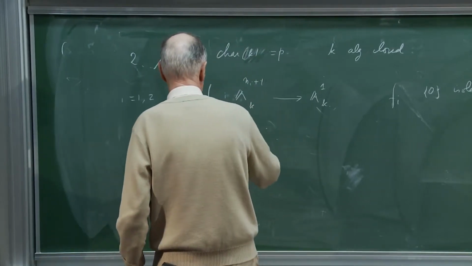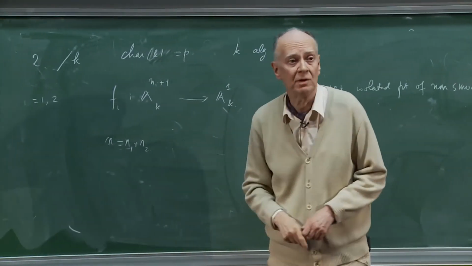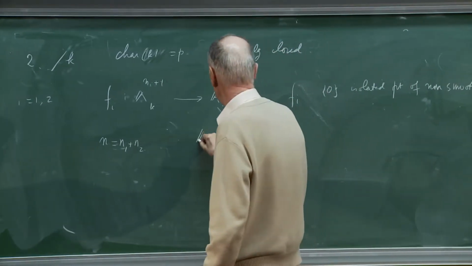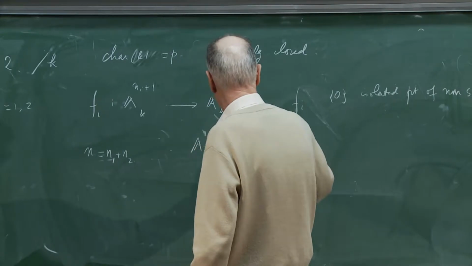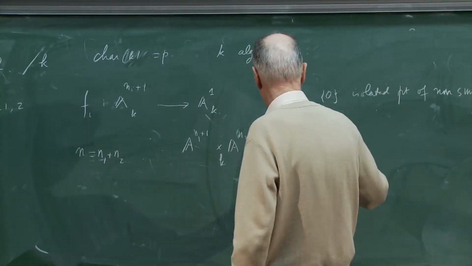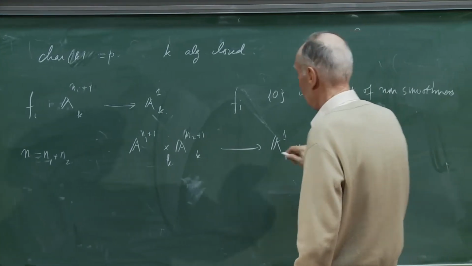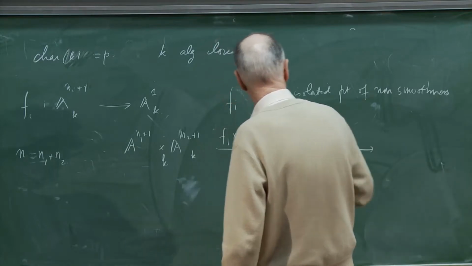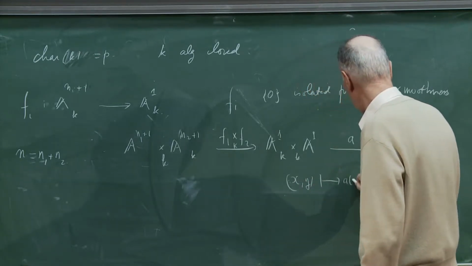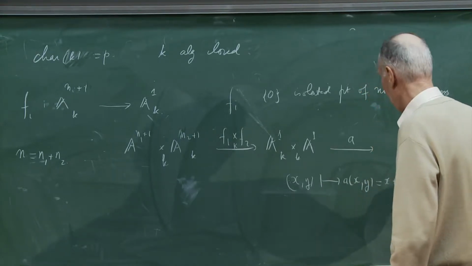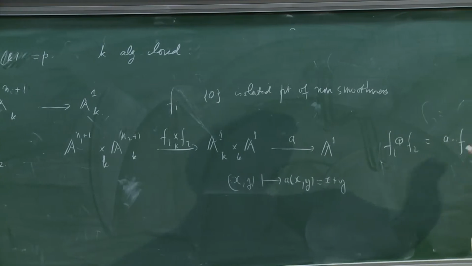Then take n equal to n1 plus n2. Then you can again consider f1 plus f2, which can be obtained by first taking the product over K, A^(n1+1) cross A^(n2+1) to A^1 cross A^1, which is f1 cross f2, and then A is a sum map which sends (x,y) to x plus y, and the previous f1 plus f2 is the composition A composed with f1 cross f2.